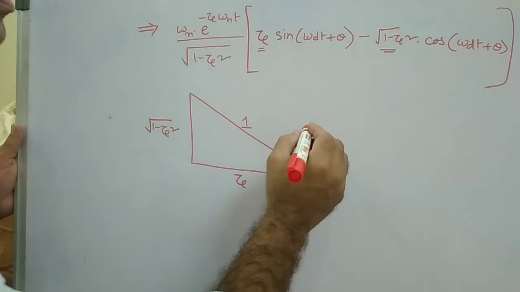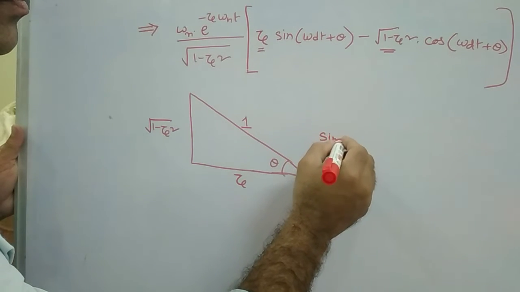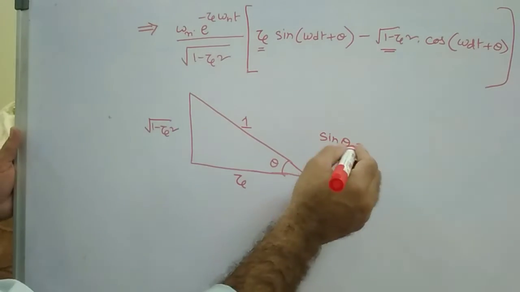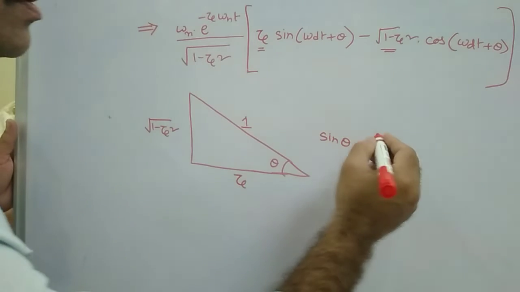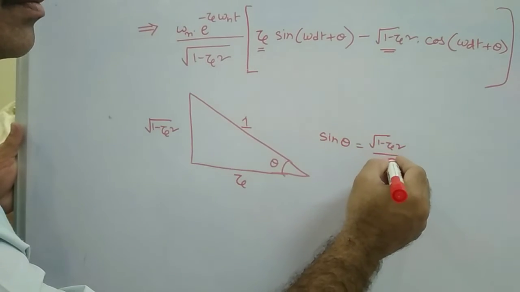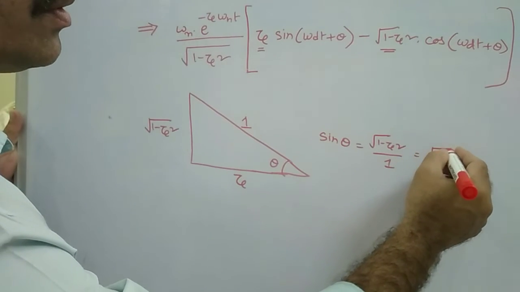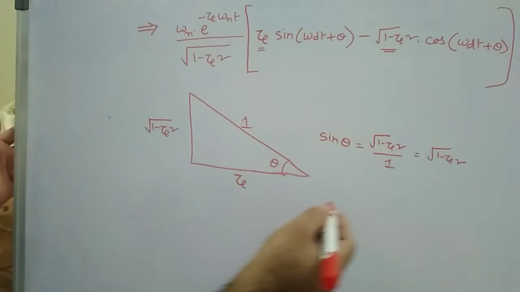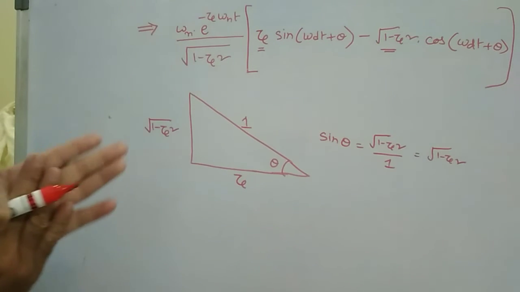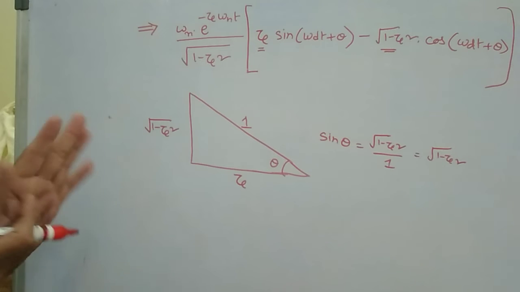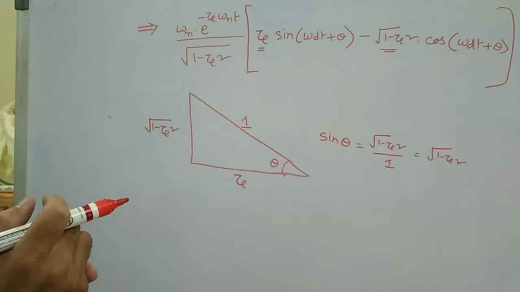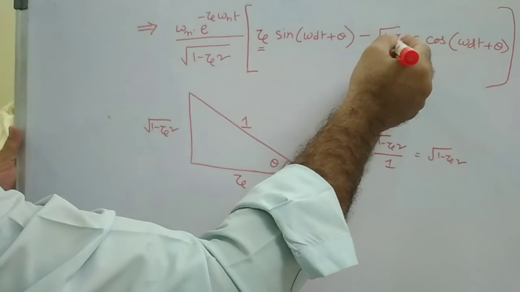Then from this right angle triangle, sin theta is equal to what? It is square root of 1 minus zeta square by 1. It is nothing but square root of 1 minus zeta square. This becomes your sin theta.